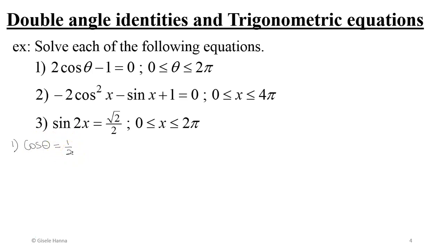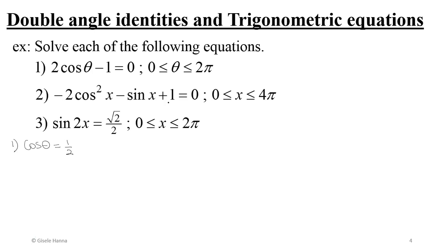And now what I need to do is determine which angle gives a cosine equal to half. Over here, I remind you that the domains of the angles are given in radians in this example. Whenever the given is in radians, you have to work out the whole exercise in radians.